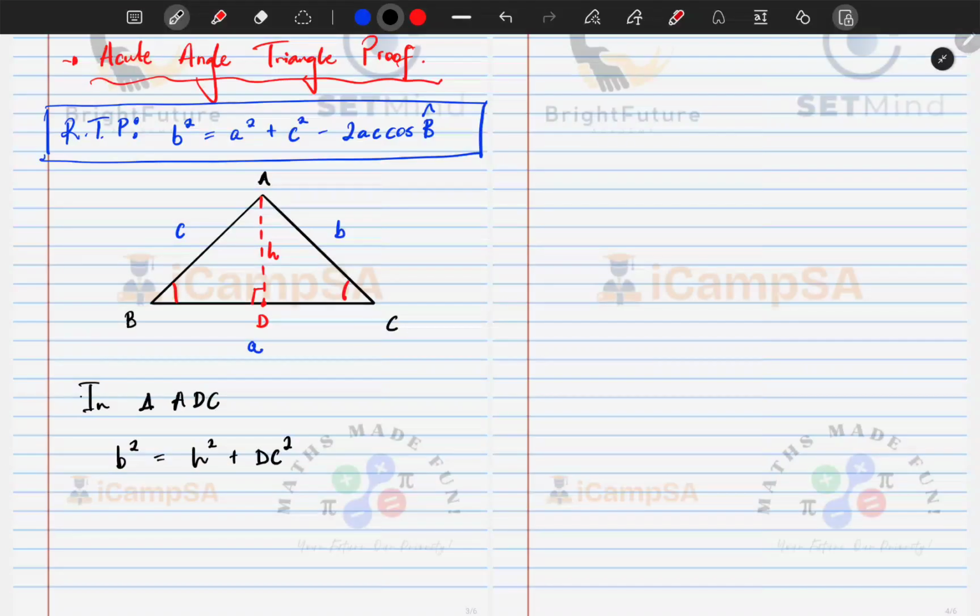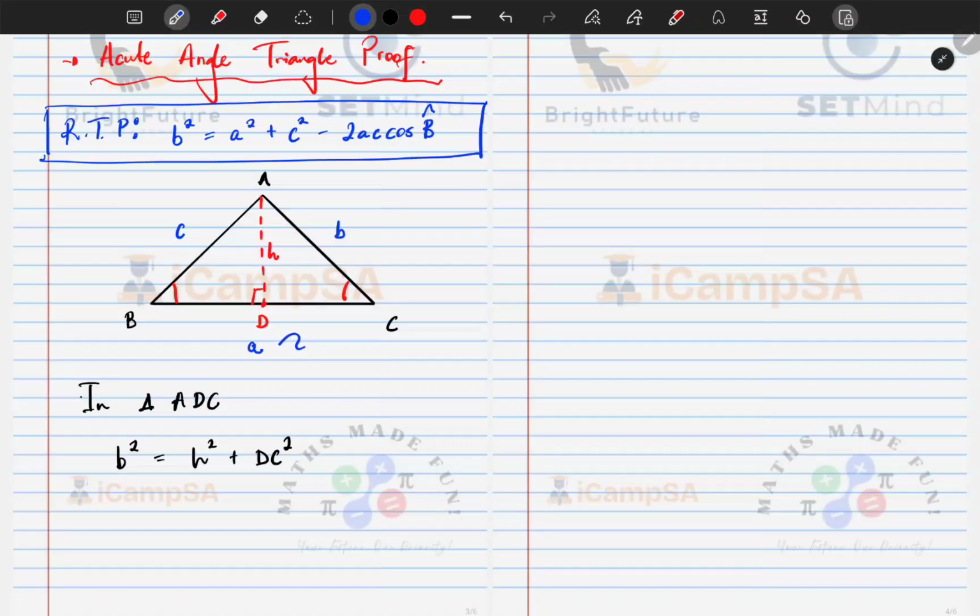But I want to write DC in terms of a. Remember, a represents this entire side.